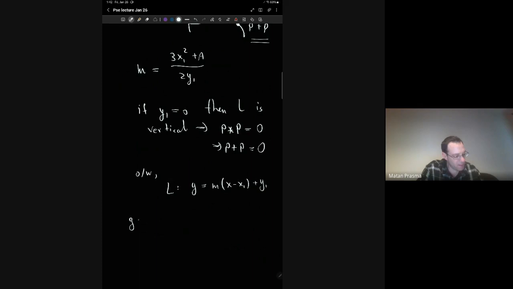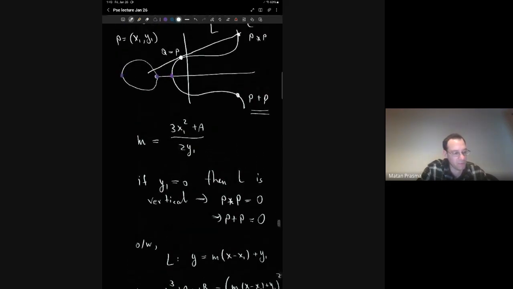Now, I define g of x to be x cubed plus ax plus b minus (m times (x minus x1) plus y1) squared. And clearly, g of x1 is 0, right? Because we know that P lies on the curve, and P is x1, y1.